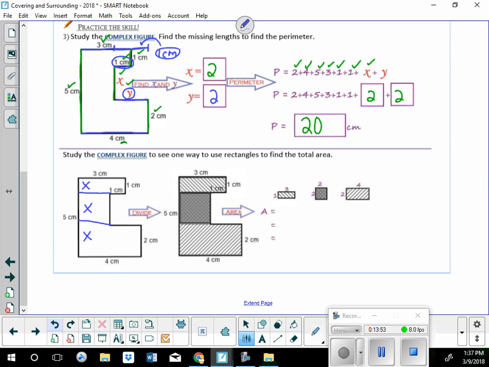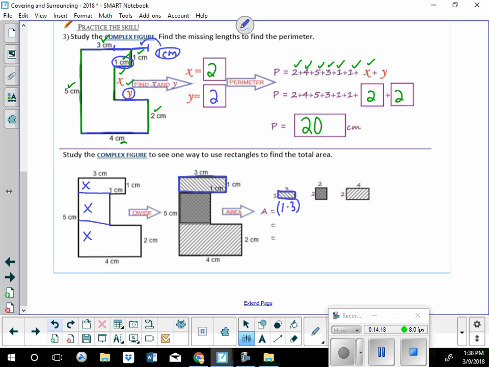So I'm going to start with this section up here, this one that has the diagonal lines. I have a little diagram of it over here. So my area equals, and you're going to need to add in some parentheses on your note catcher right now, 1 times 3. So length times width of that section, 1 times 3.